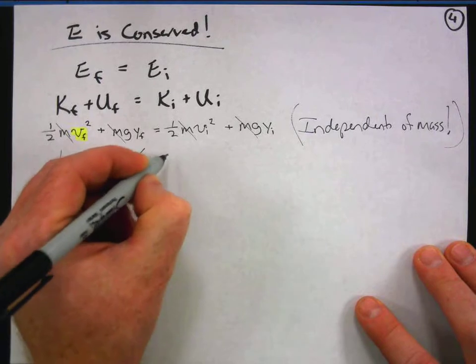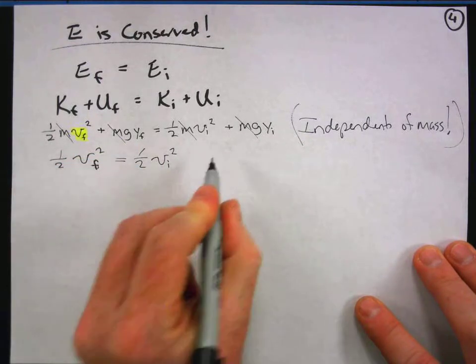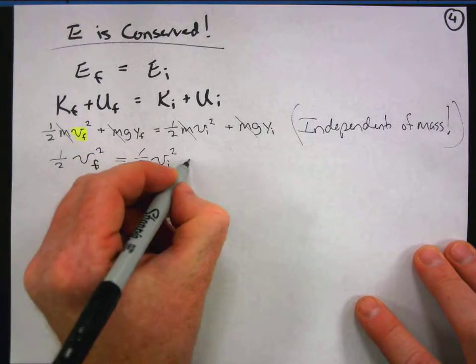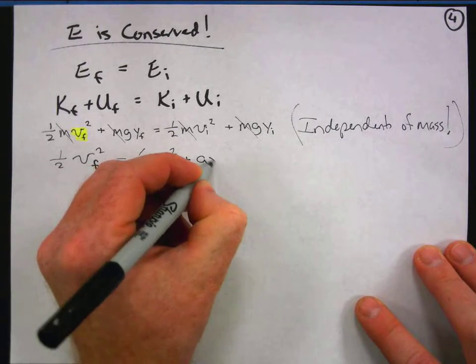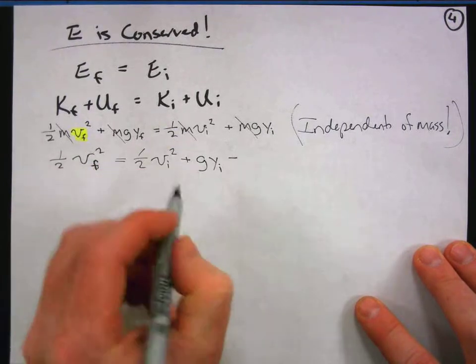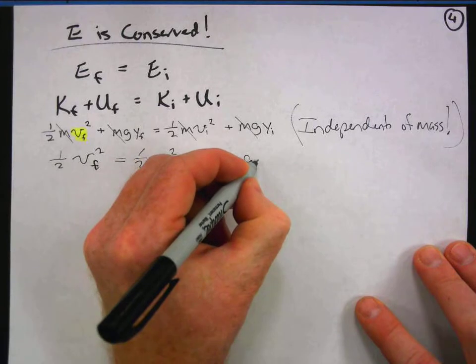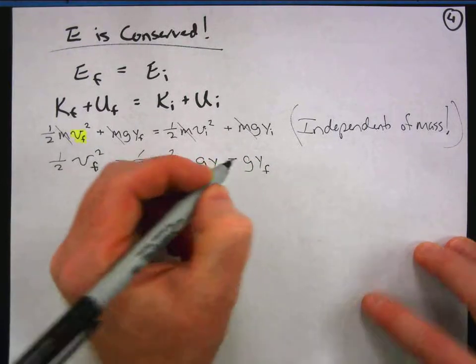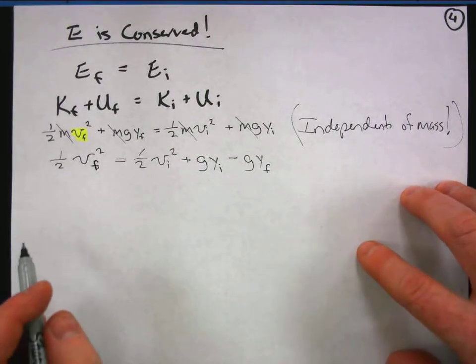Remember, the m's have canceled out, so I'm going to stop writing them. And here I have, and I'm going to be subtracting g. Well, here we go. I also need to multiply both sides by 2 to get rid of that 1/2.